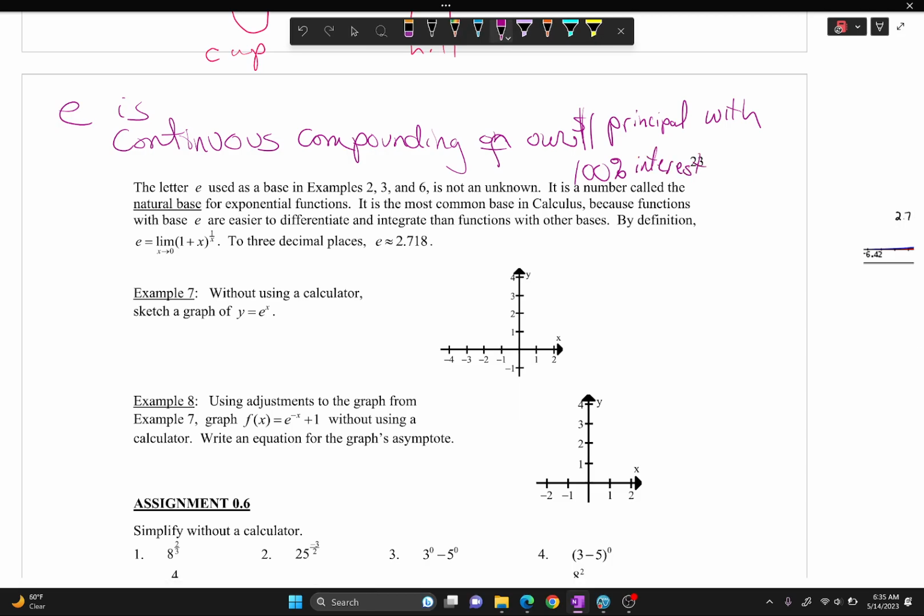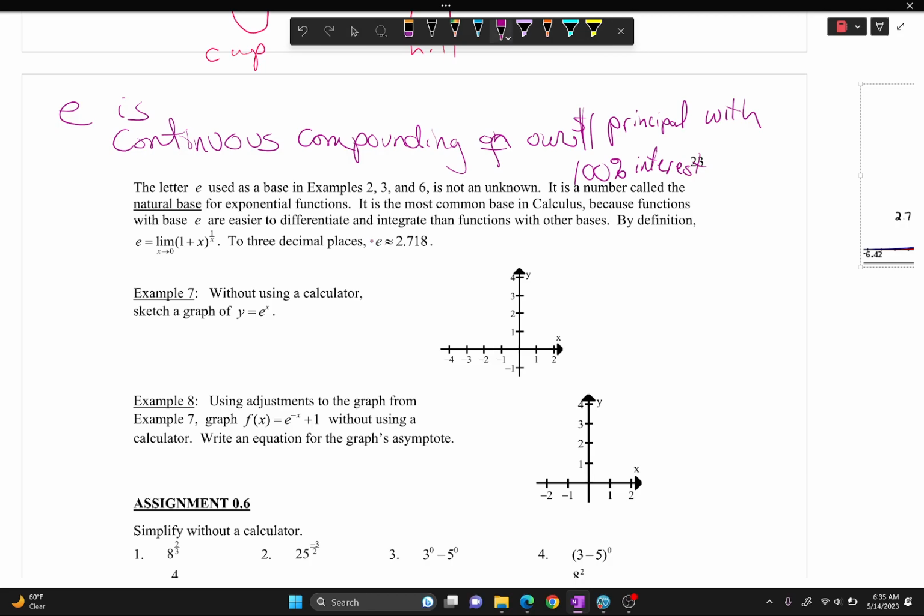And do you remember that? Where it was like, oh, well, let's compound it twice. What do we get? Oh, let's compound it 8 times. What do we get? Let's compound it every month. Okay, let's compound it every week. Every day. Every hour. Every second. Do you remember that?